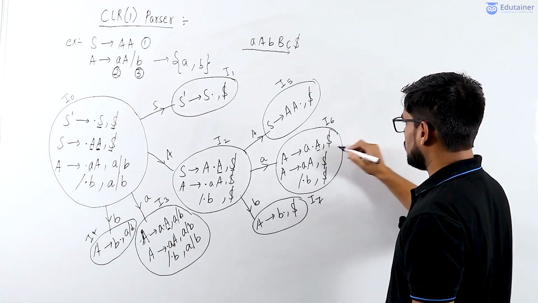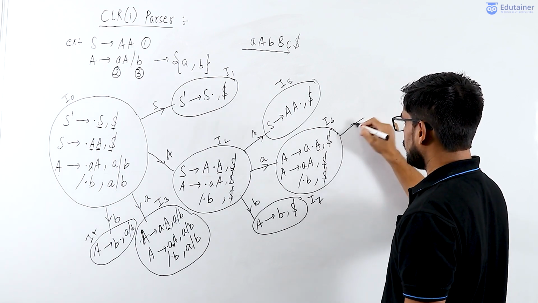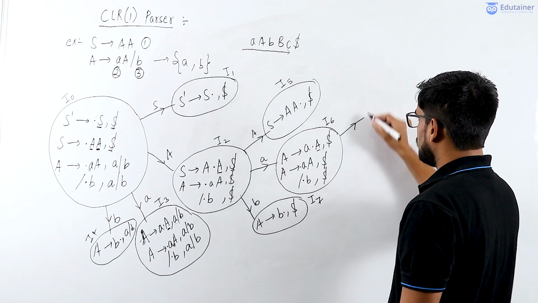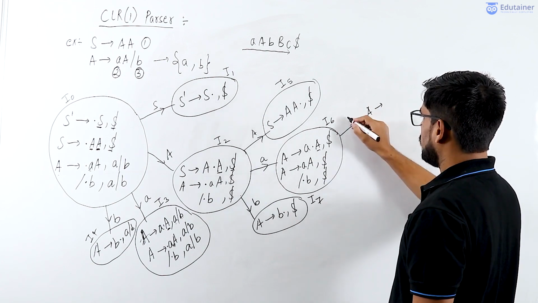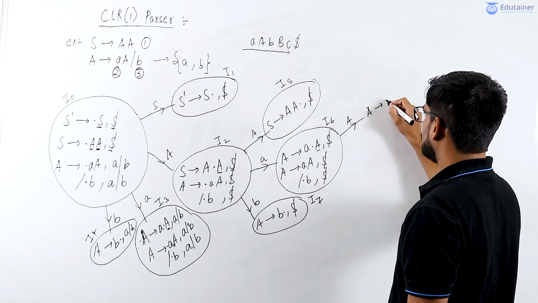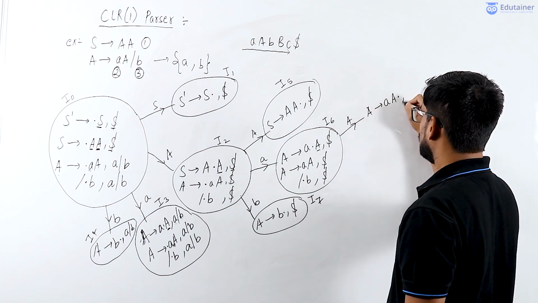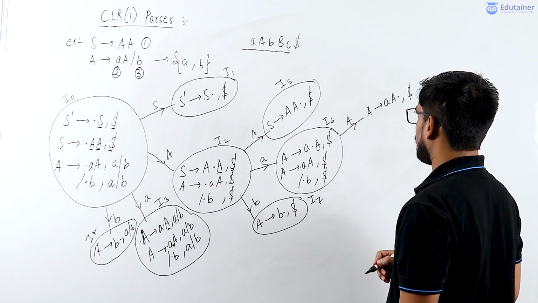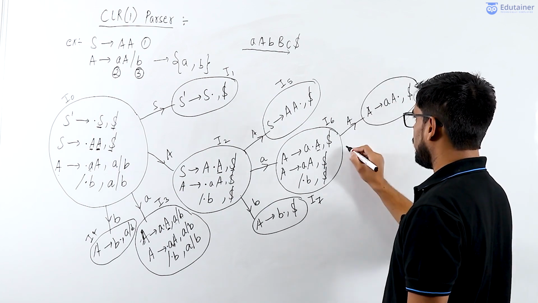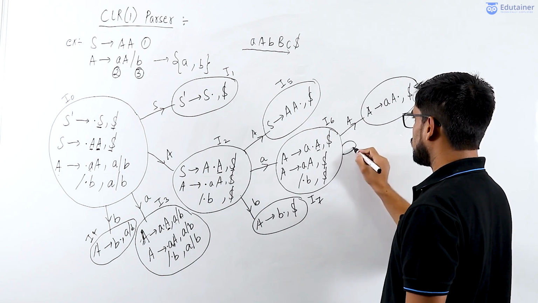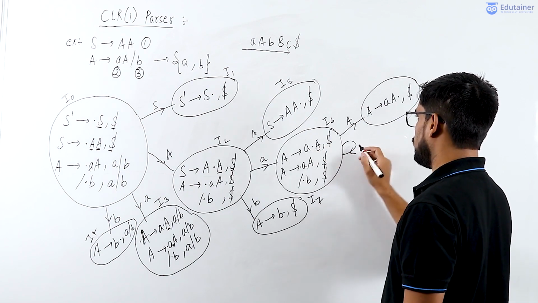Now let's take state number I6. So state number I6 is A derives AA dot $, on capital A. Okay, and on small a, it will go to the self state, means the loop is present here.